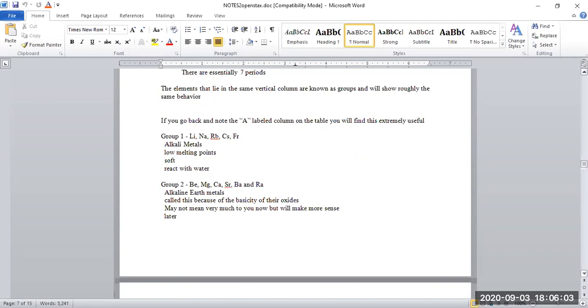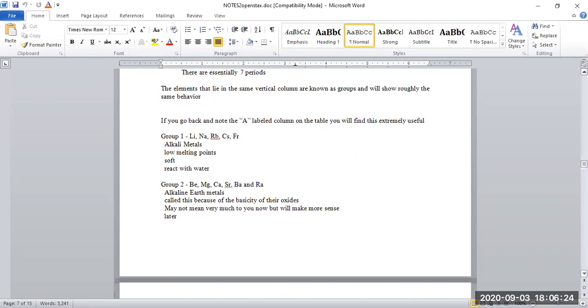So when you get them from the manufacturer, they're in this little paint can filled with mineral oil or kerosene to prevent it from reacting with the humidity or the oxygen in the air.